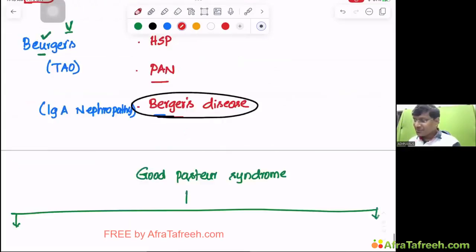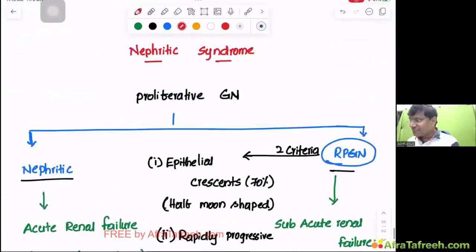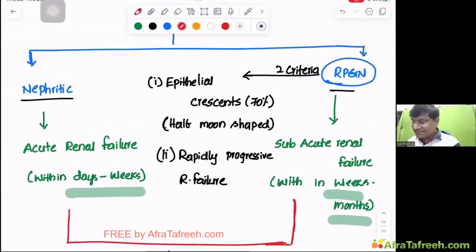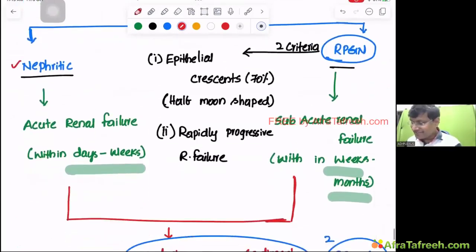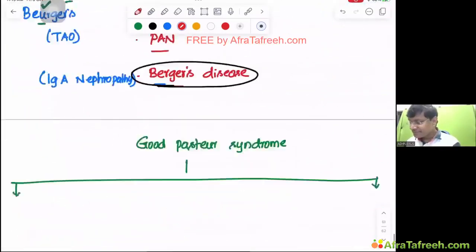The terminology given is not appropriate, but in nephritic, it is within days to weeks, but in RPGN, the definition is weeks to months, right? It is like a misnomer, right?